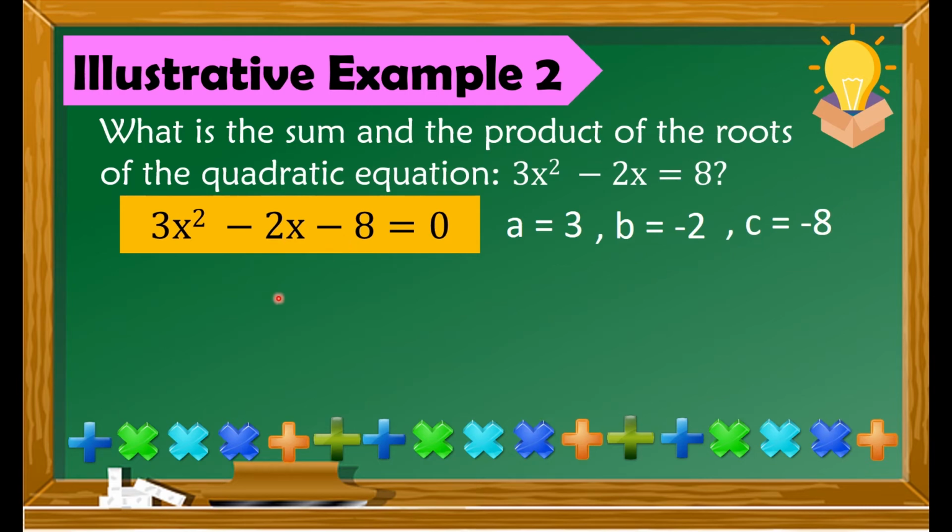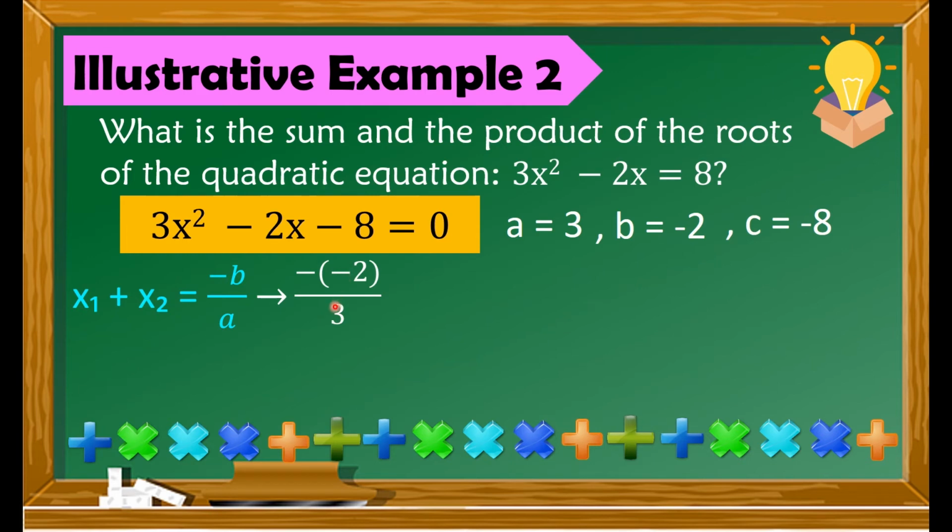Now we can substitute it to our given formula for sum, which is negative b over a. Now, substitute the value. That will become negative times your b, which is negative 2. That's why we have to place a parenthesis showing that this value of b is negative 2.